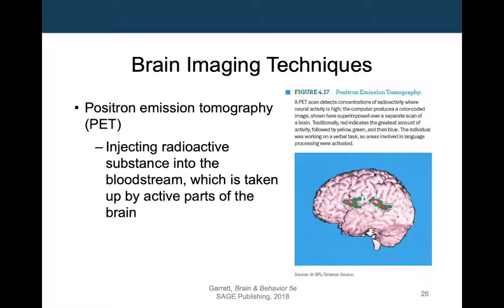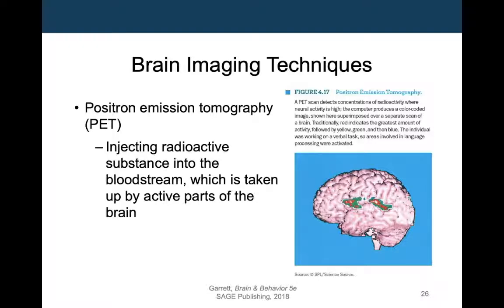Okay. The PET scan is kind of similar to the MRI in that it injects radioactive substances into the bloodstream. These radioactive substances go straight to those parts that we're interested in looking at. It's just like, let's say you were drawing a map and you needed to color code the map to know what the parts are.